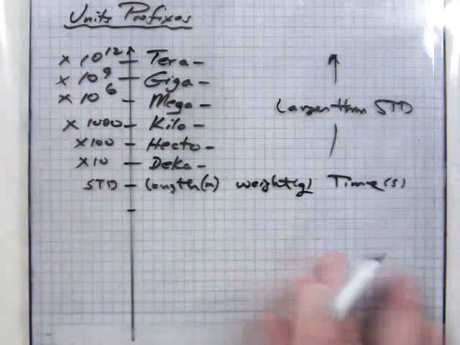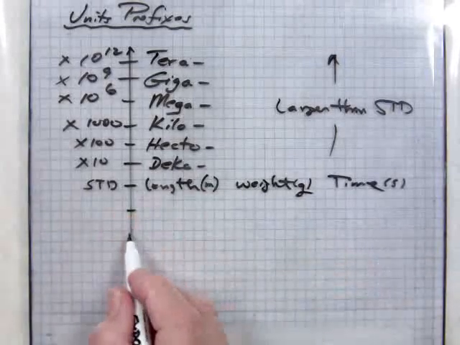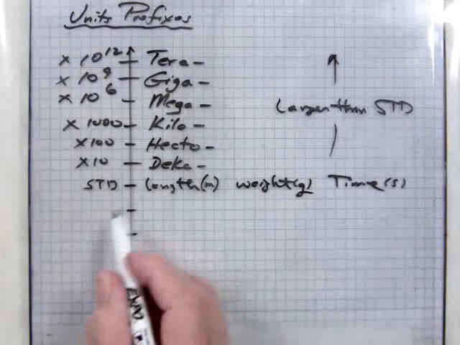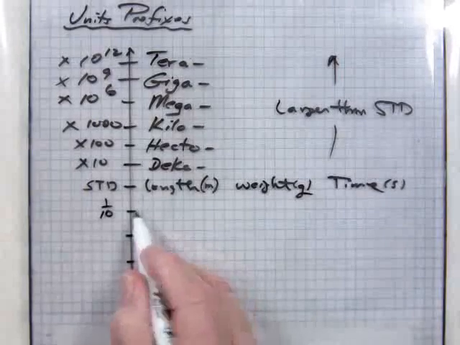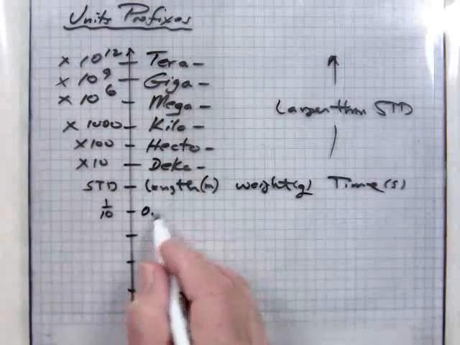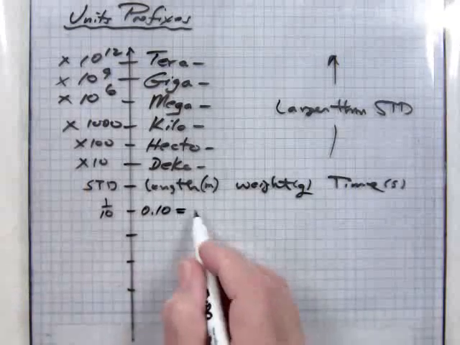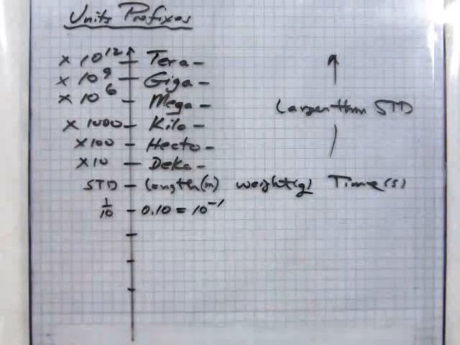I'm going to need some more room over here, so I'm not going to put that in just yet. So this is 1/10, and that works out to be 0.10 if you're doing a decimal, which is 10 to the minus 1 in a power of 10.